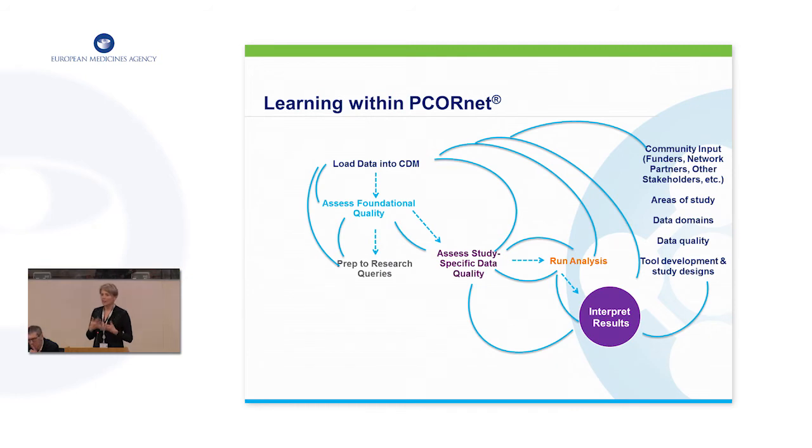So the common data model, and I'll touch on this more in a minute, evolves based on what we learn by doing prep to research queries, for sure, but also by the work we do answering questions as part of studies. Those studies are informed by the common data model, and it really is a very connected and also complicated cycle of iteration.